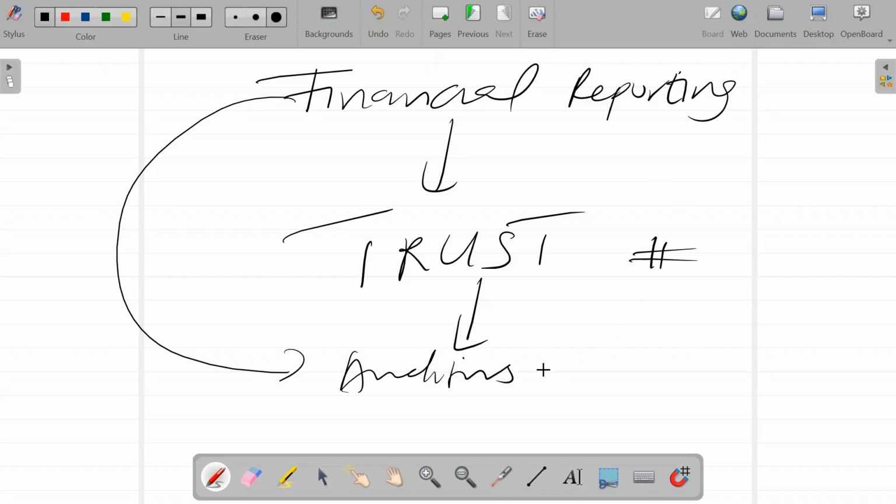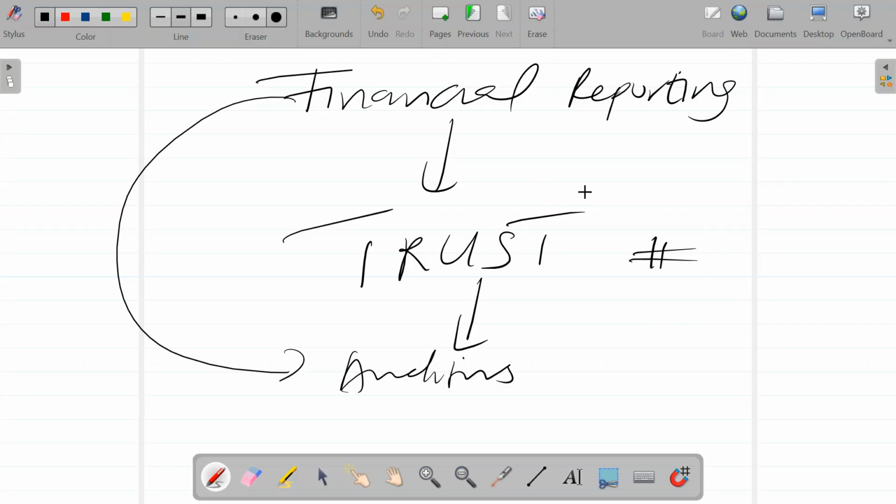To ensure credibility of the report, to build trust among stakeholders, or to enhance the confidence of users of financial statements in the report, we have the accounting standards.